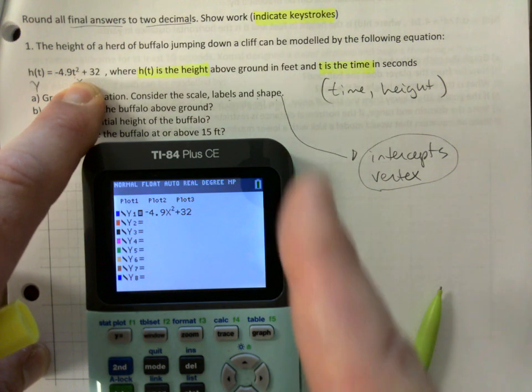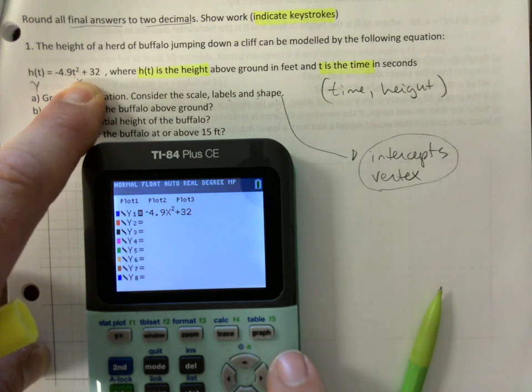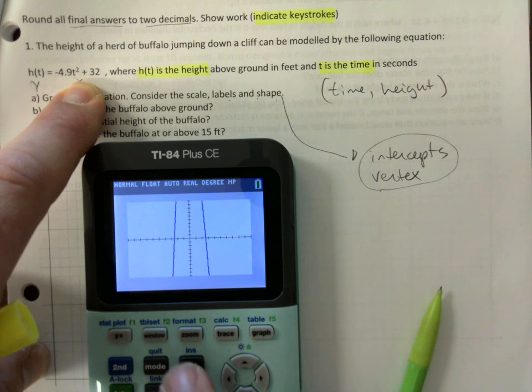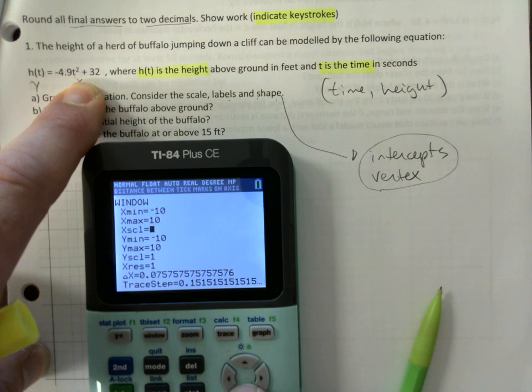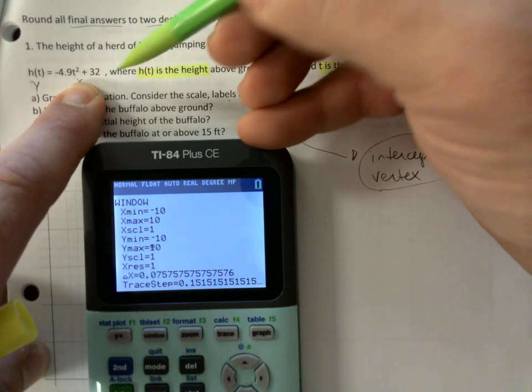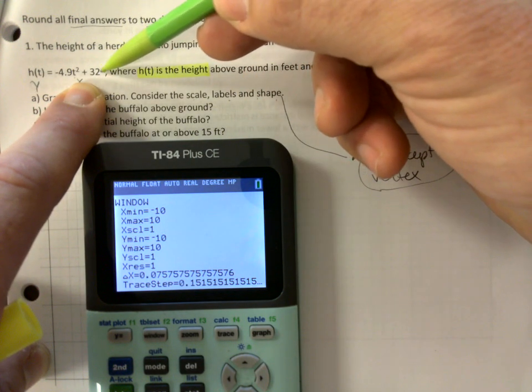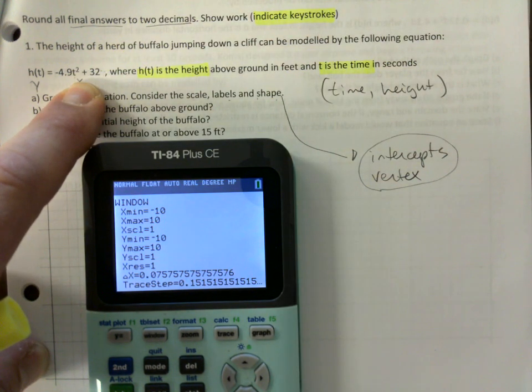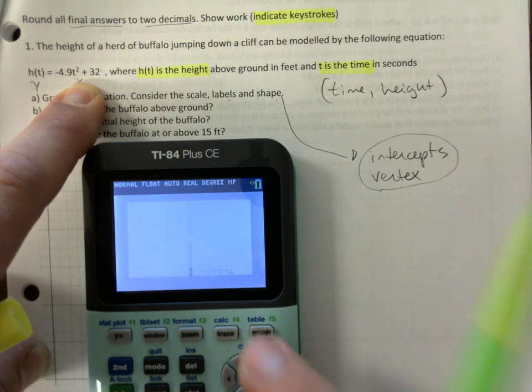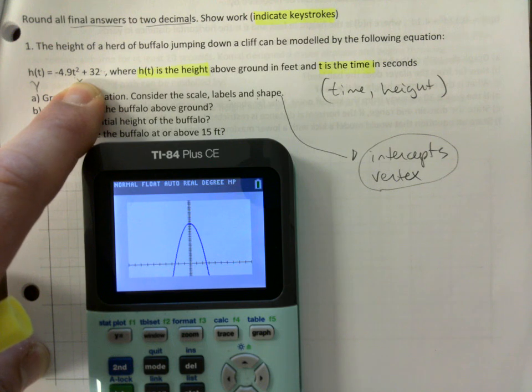So the y-axis is going to cut it in half. There you go. I'm going to change my window. This is a standard window. I'm going to increase my y max a little bit. I noticed that my y-intercept is 32, so I should probably change my y max to like 40 or 50 or something like that. That's a pretty good graph.